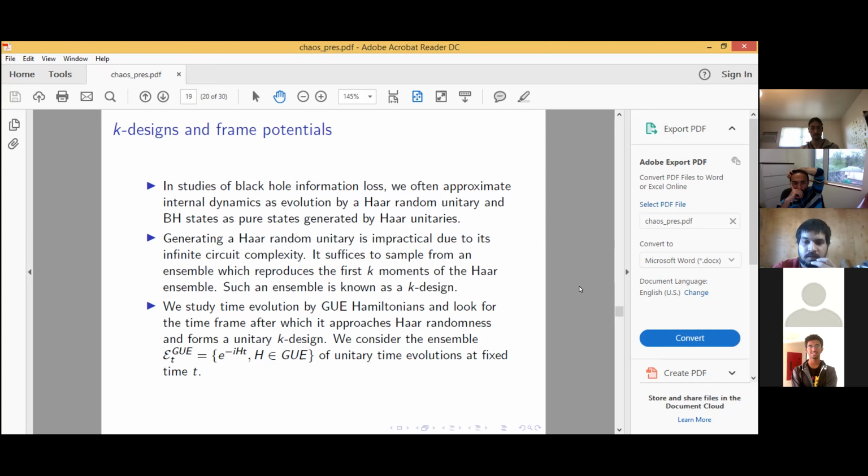Now generating a Haar random unitary is impractical because it has exponentially increasing circuit complexity. So in practice, we consider ensembles which are known as K-designs. K-designs are ensembles which reproduce the first K moments of the Haar ensemble. So we study time evolution by the GUE, and we look for the time scale after which it approaches Haar randomness. That is to say, we look at the time scale at which we can say that it forms a K-design.